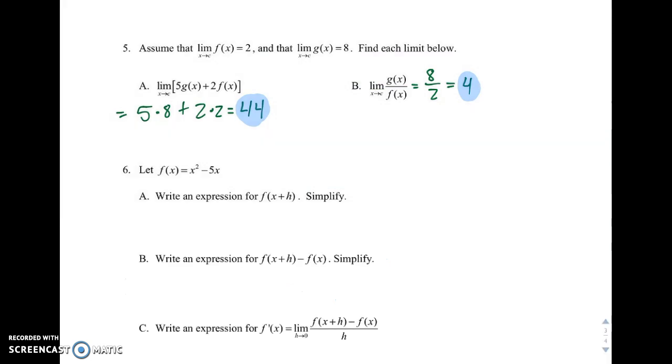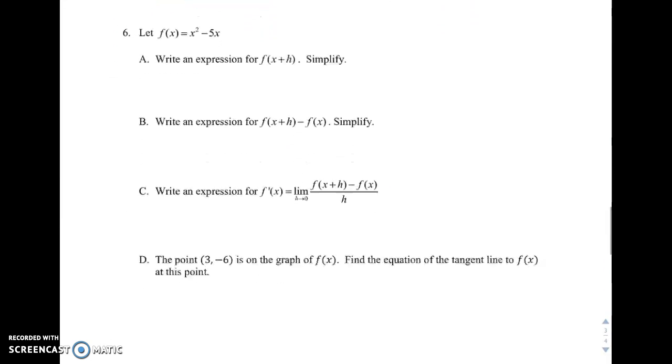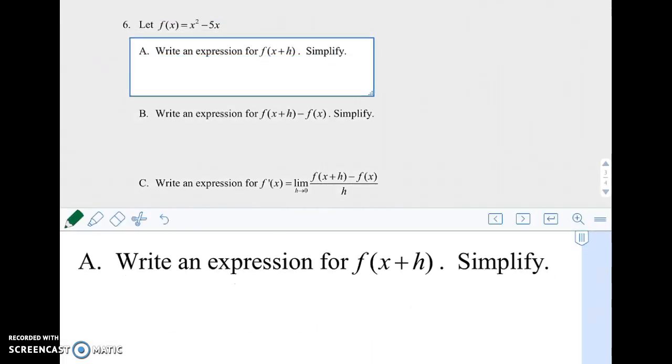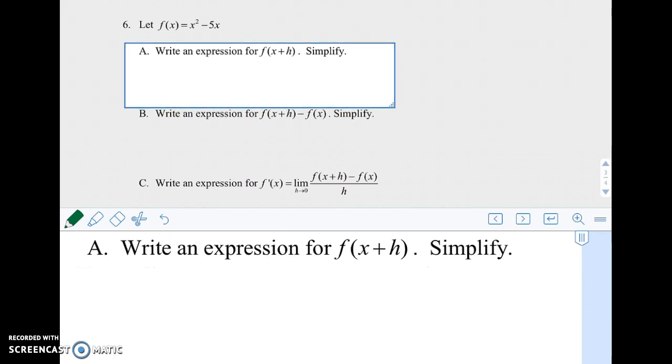All right. For question number 6, this is going to be the process of finding the derivative by the limit definition, and then writing an equation for a tangent line. So what it's going to ask you to do is first find f of x plus h. What that means is you're going to take x plus h and put it in for x everywhere in the equation. So instead of x squared, you have x plus h squared.